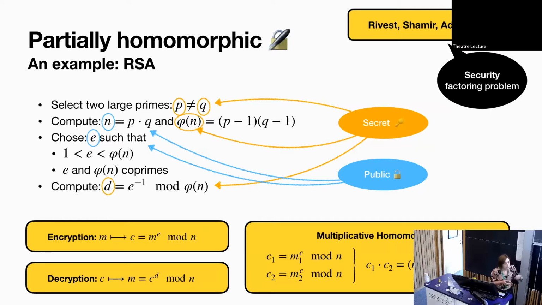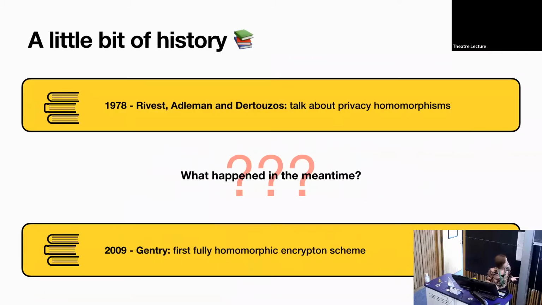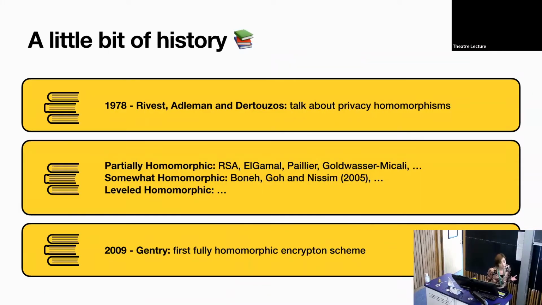So yeah, RSA is homomorphic with respect to multiplication, but not homomorphic with respect to addition. That's why it is partially homomorphic: only one operation is homomorphic, the other not. Again, the RSA that we use is modified, so we don't use this naive version, but you see we already have homomorphic properties coming. And RSA is not the only scheme that is partially homomorphic.